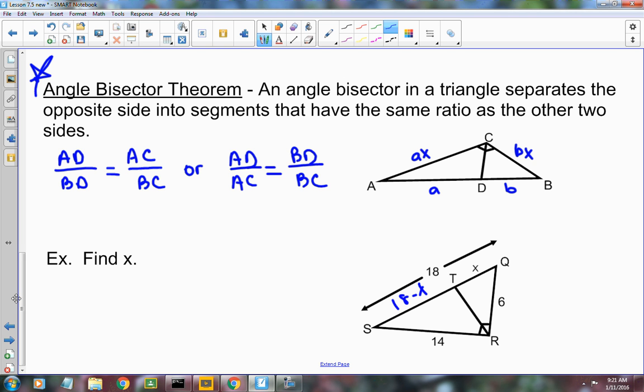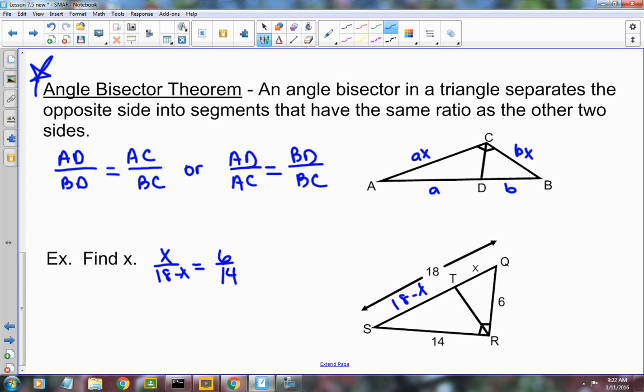So what would that look like? Any ideas? Okay, so X over 18 minus X, okay, equals 6 over 14.